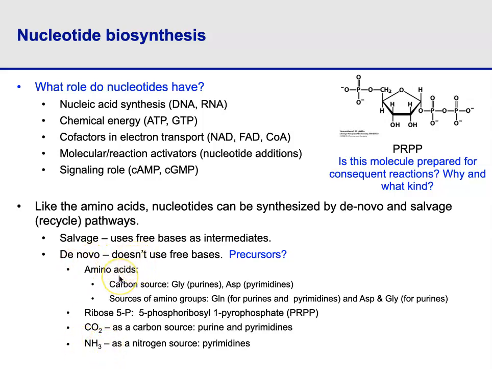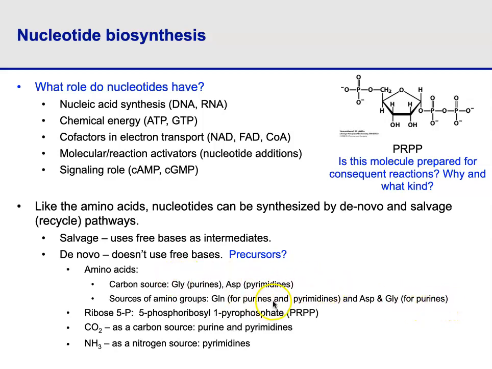From the amino acids, not all amino acids are involved in nucleotide production, but only a few: glycine, aspartate, glutamine. These three amino acids are primarily the ones that contribute to nucleotide synthesis. Glycine contributes the carbon skeleton of purines, aspartate for pyrimidines, and then as sources for amino groups: glutamine for purines and pyrimidines, and aspartate and glycine for purines.